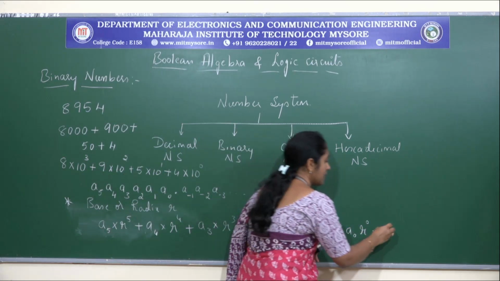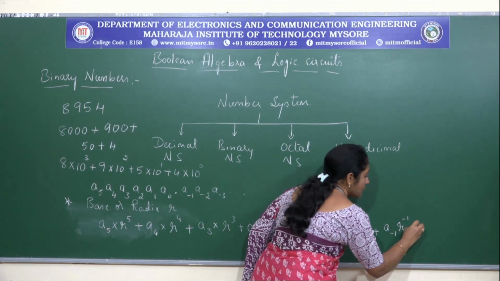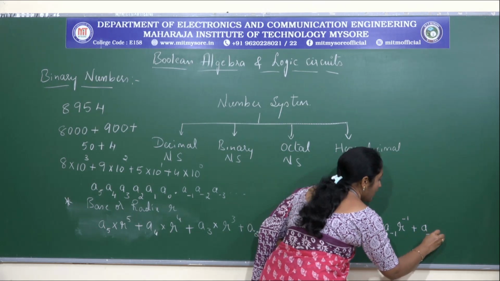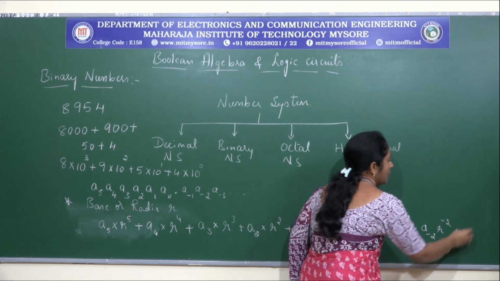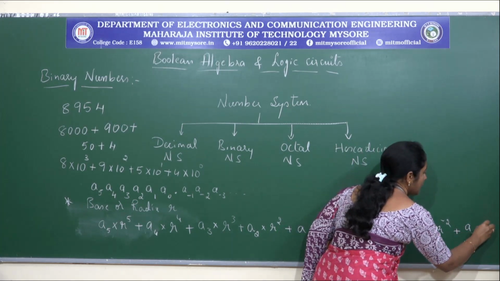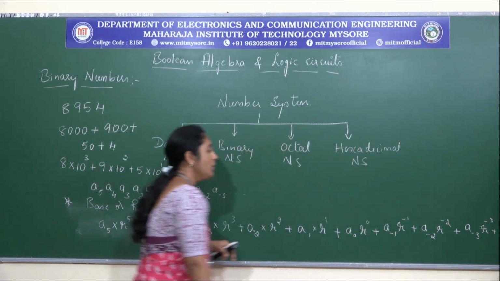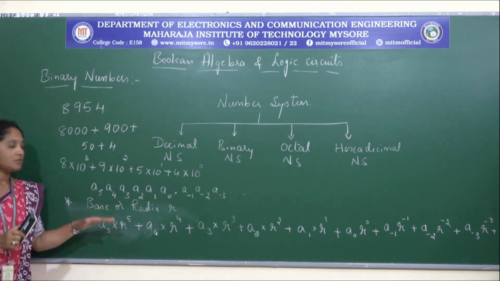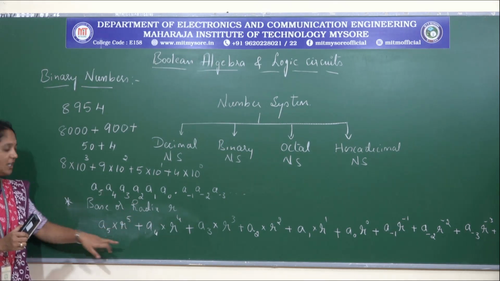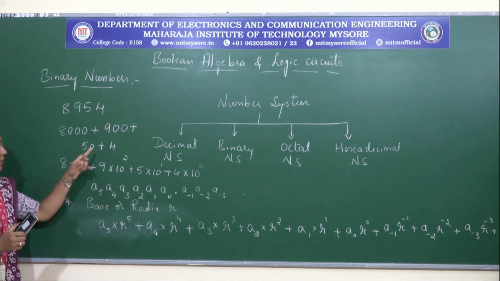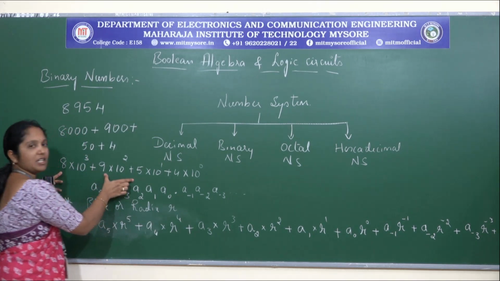They are represented like this: a minus 1 into r power minus 1 plus a minus 2 into r power minus 2, a minus 3 into r power minus 3, etc. This is the general format for representing any number in terms of its coefficients. For example, if I consider this number, I have already written its representation.